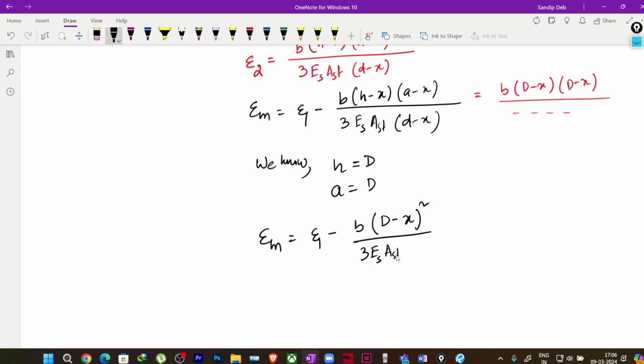Es is nothing but the modulus of elasticity of steel, 2 into 10 power 5, into (D minus x). Correct? So this is the final formula we got.